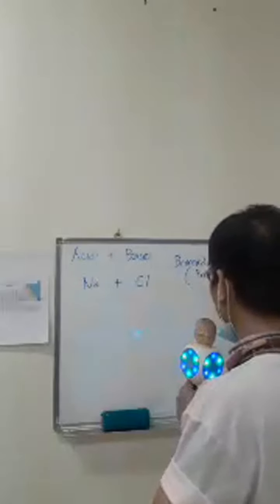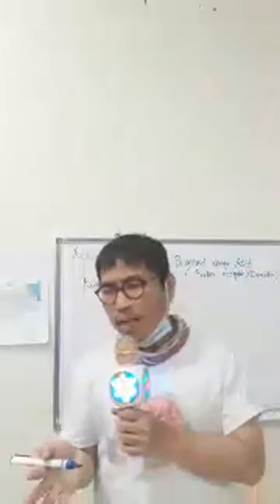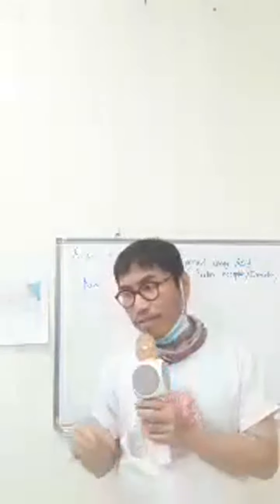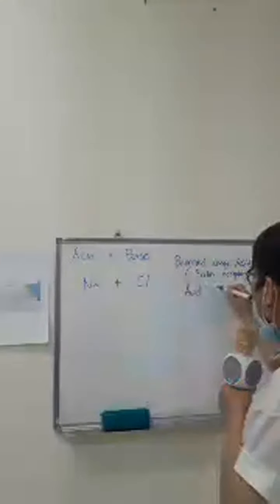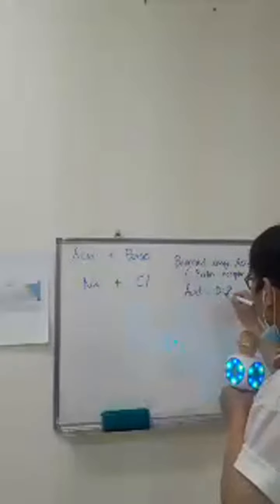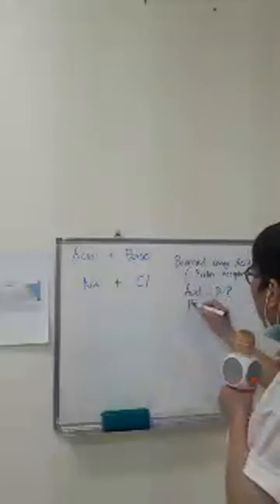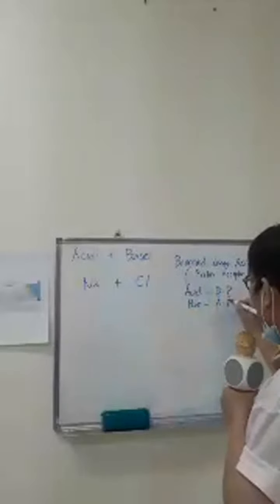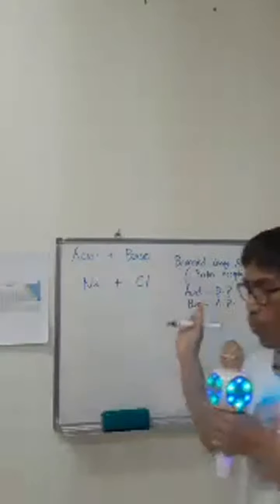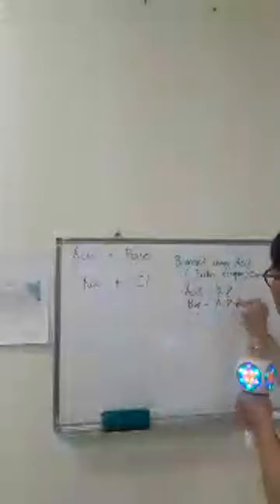Somebody has to accept the proton and somebody has to donate the proton. If it is an acid, it will donate the proton. DP, donate the proton. If it is a base, it will accept the proton, AP. Just memorize it this way: acid DP, base AP, ADP, BAP.